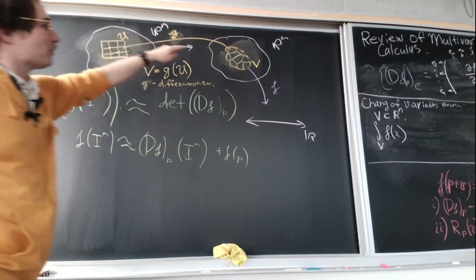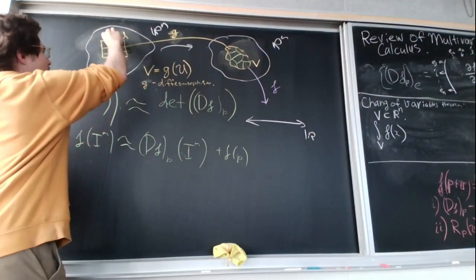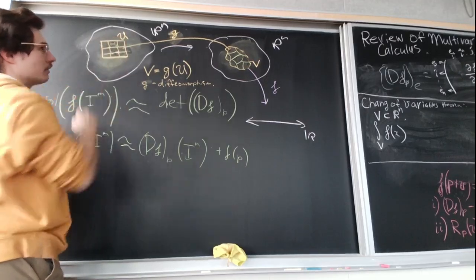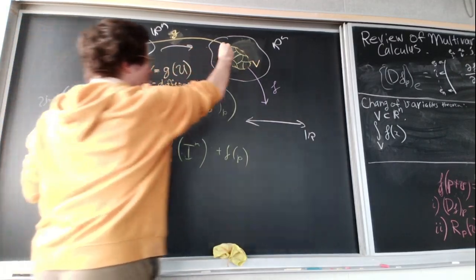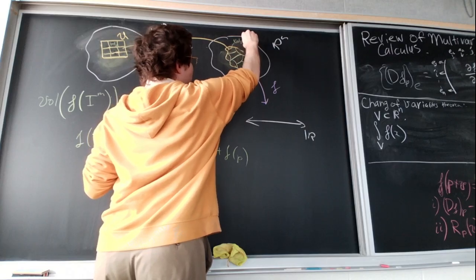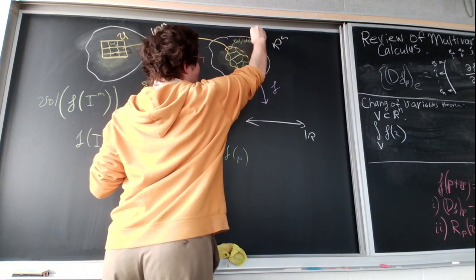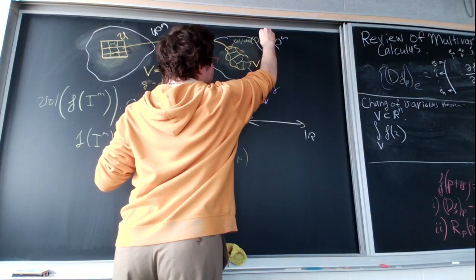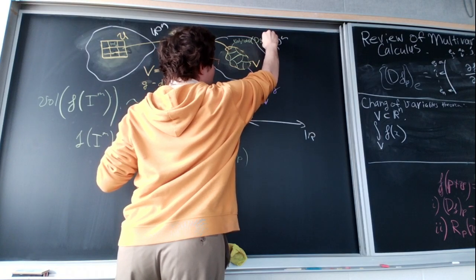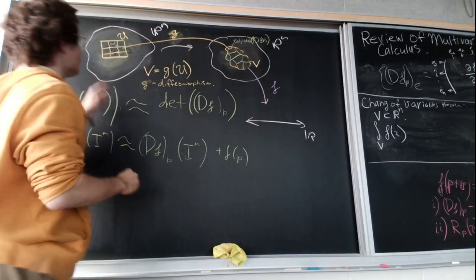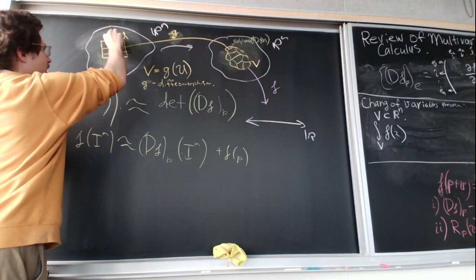Okay, the volume of this cube. Call this volume 1. This volume should be volume 1 times the determinant of dg at some point p1, where this point p1 is some point here.